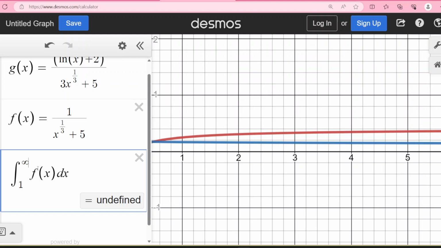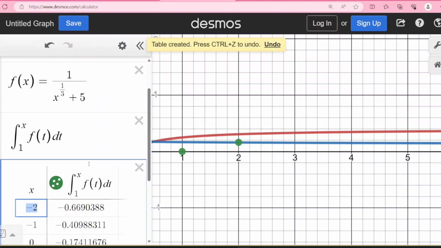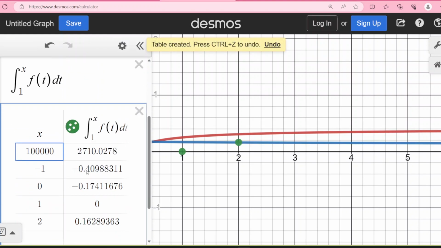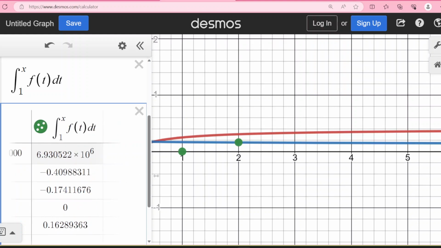All right, and again, I'll do the table thing where we go from 1 to x of f of t dt. Change some dummy variable. Get rid of the graph of that and then make a table, and we'll see that as we plug in larger values, 10, 100, 1,000, the value of the integral is getting larger and larger. Huge.